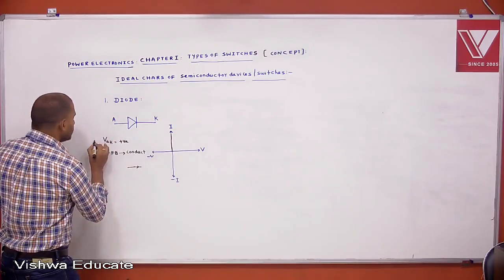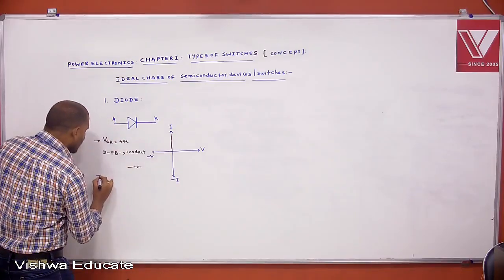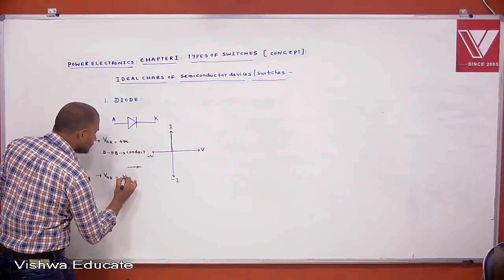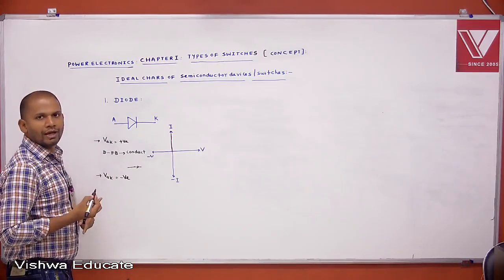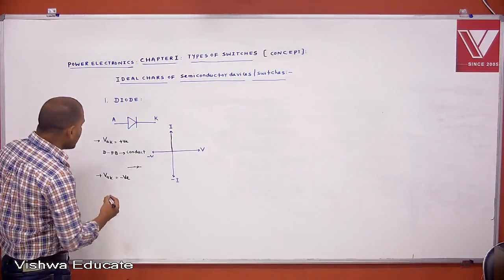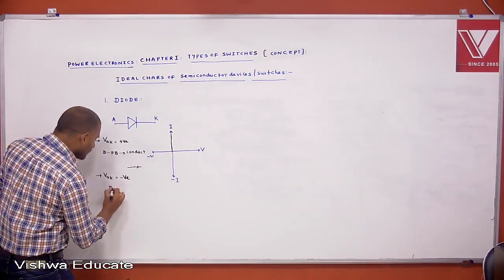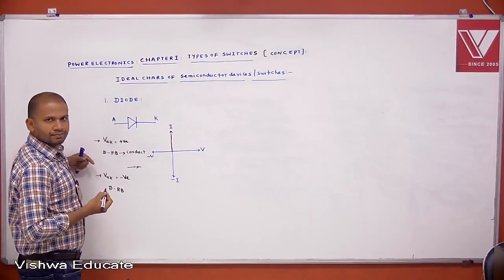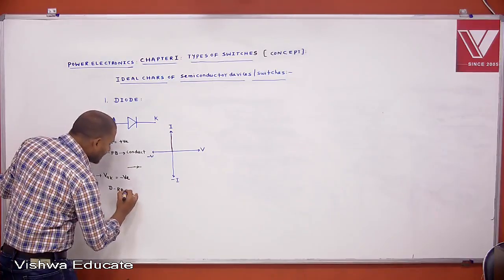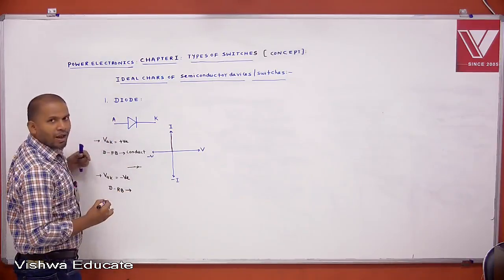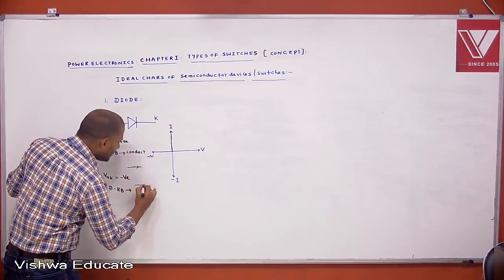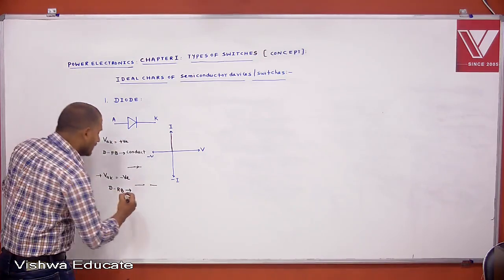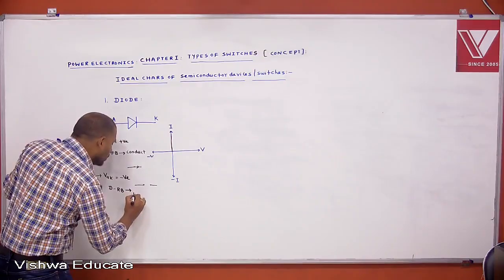For the same diode, if VAK, the anode to cathode voltage, is negative, then under which condition is the diode? Reverse bias condition. If the diode is under reverse bias, does it conduct or block the voltage? It acts as an open switch, so it blocks the voltage.